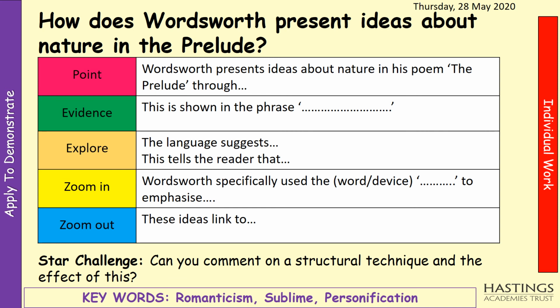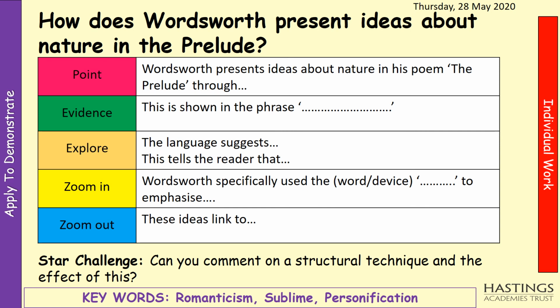Okay, so maybe, you know, it's written in the first person because, and what effect does that have? Or what effect the enjambment or a caesura has. Okay, and see if you can comment on a structural feature, because that is quite important for getting you those higher marks. Okay, so have a look through, spend about 15 to 20 minutes, try and do 2 paragraphs.